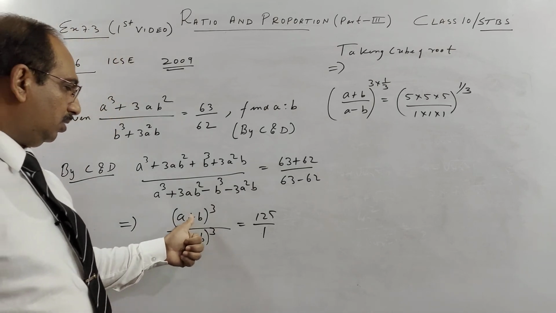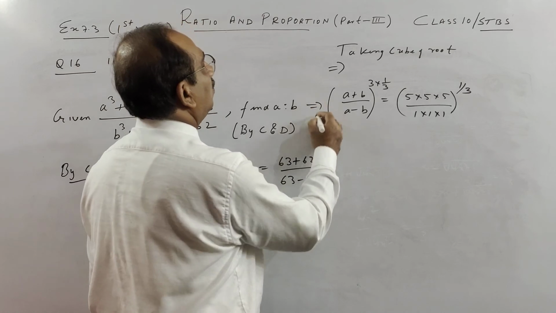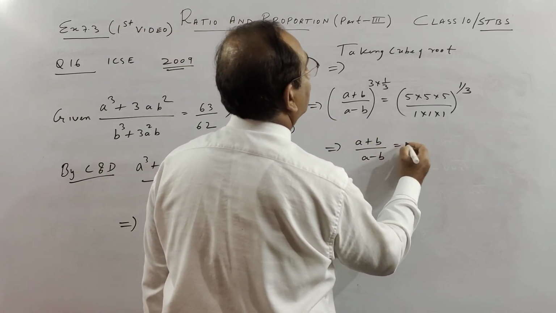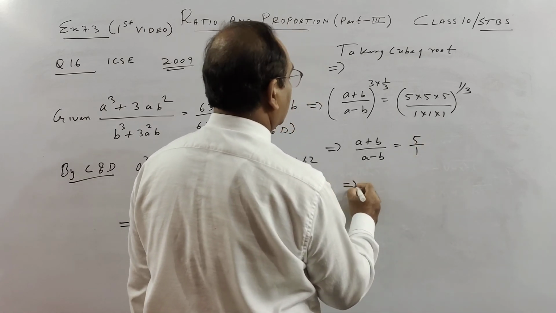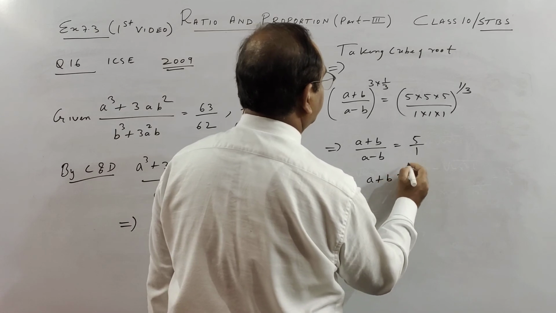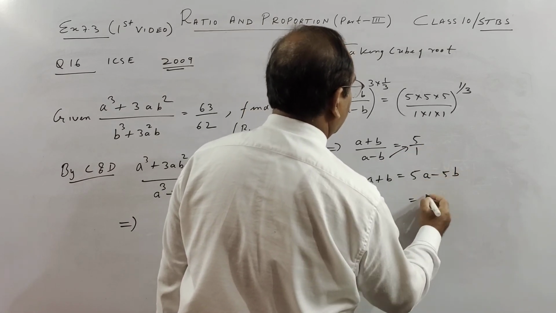This is cube, so by the property of indices we write a common power. So finally we have a plus b by a minus b is 5 by 1. So we get a plus b is 5a minus 5b.